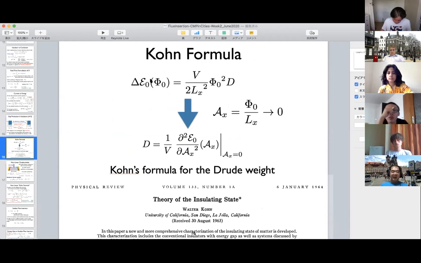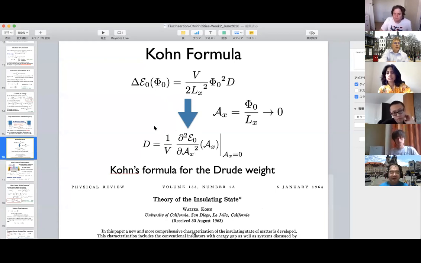So maybe you can Taylor expand this energy as a function of flux or vector potential. If you do Taylor expansion, then the Drude weight is given by the second derivative of energy by vector potential. Actually, this formula has been known for a very long time.